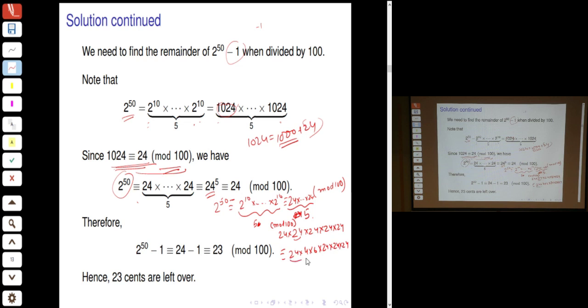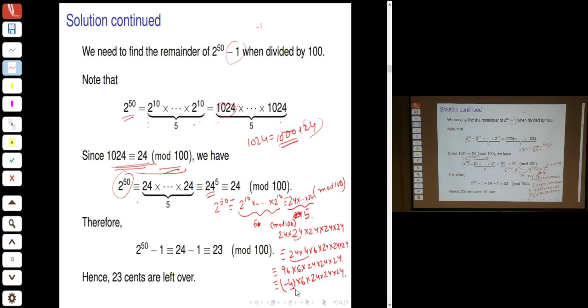Now, 4 times 24 is 96, right. So, this is 96 times 6 times 24 times 24 times 24. Now, 96 is very good mod 100 because it is minus 4, right. So, this is minus 4 times 6 times 24 times 24 times 24.